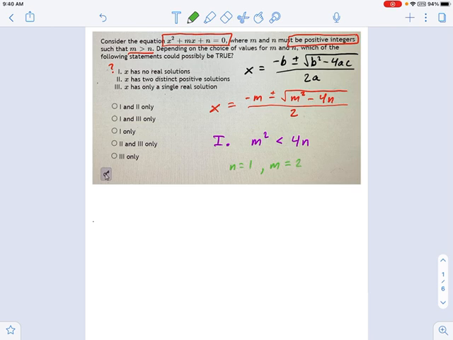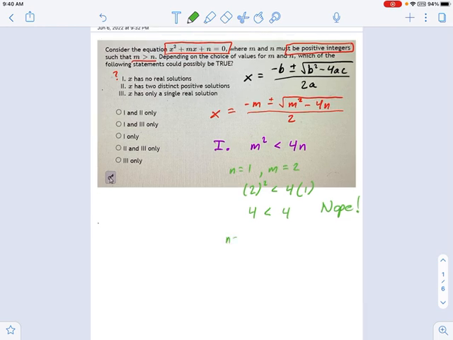That's about as small as these things could possibly be, right? Well, let me be really clear, is m squared less than 4 times n? Simplify this. Do we get 4 less than 4? Nope, that's not true.